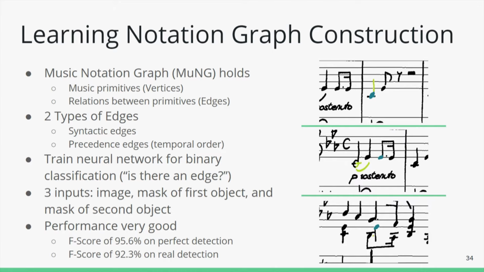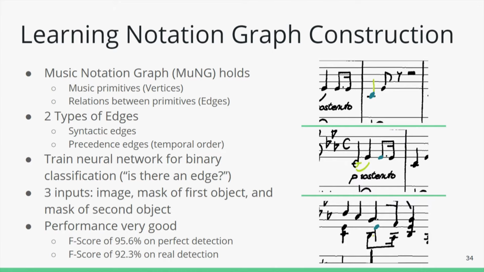And the performance was good. We tried it on two different data sets. Well, it was the same data set, but under two different conditions. One was the perfect detection, the ground truth of what humans annotated. And then we also evaluated this notation graph learning on real, actual detection results, on the detection results of the image that I showed you before.